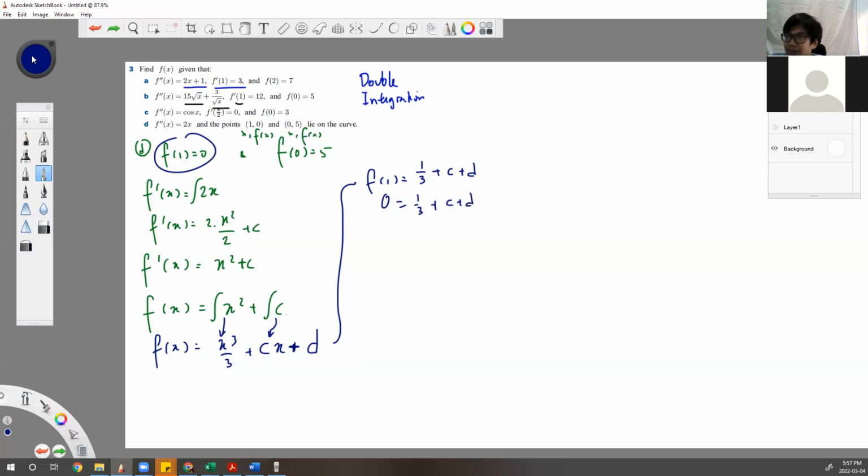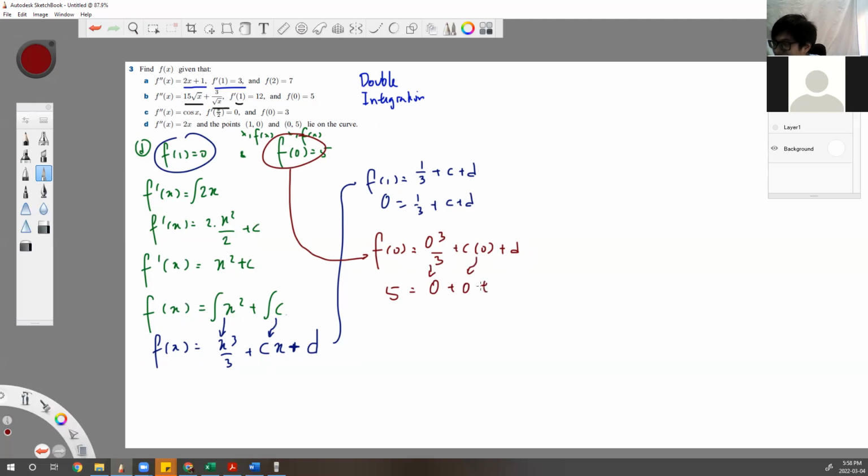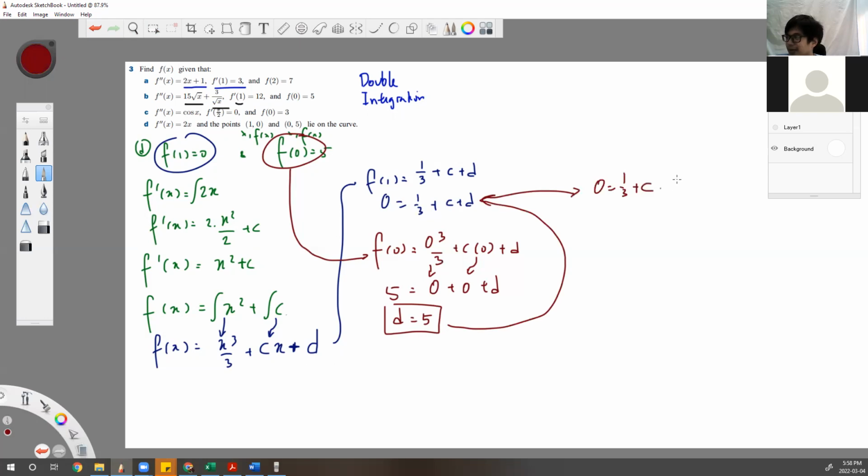And the second, I use the red color. f(0) equals 0 cubed over 3 plus c times 0 plus d, and f(0) equals 5, equals 0 plus 0 plus d. And you can find the value of d equals 5. Then substitute inside here: 0 equals 1 over 3 plus c plus 5. It's so hard. c equals negative 5 and 1 over 3, done.